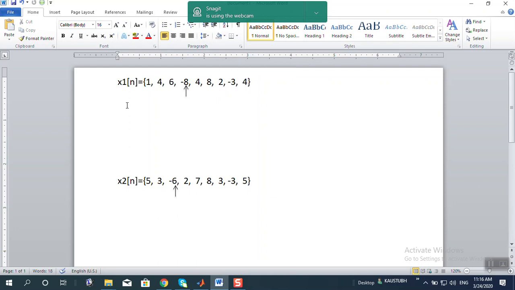So here, let me put the time index as n1, which is equal to -3, then -2, then -1, then 0, then 1, then 2, then 3, then 4. So this is my n1.